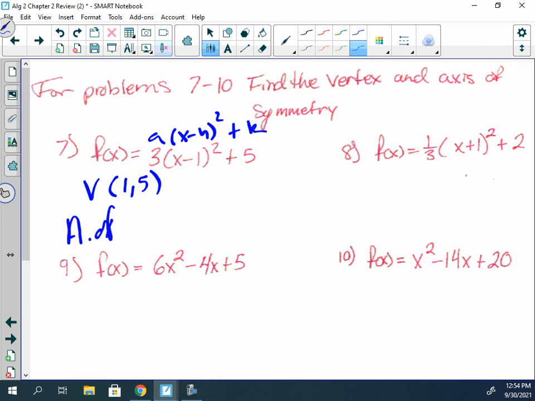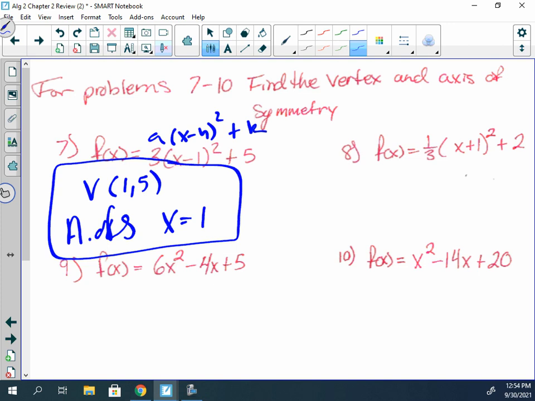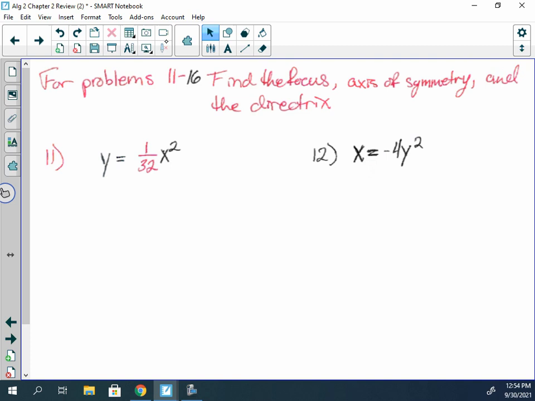Now the axis of symmetry would be x equals 1. We do the exact same thing. Any other questions on 7 through 10? Questions on 11 through 16?